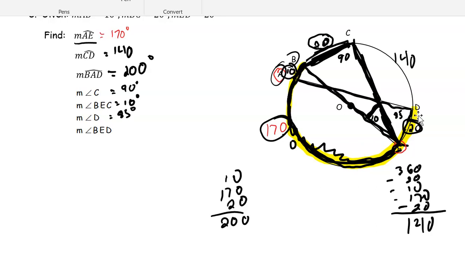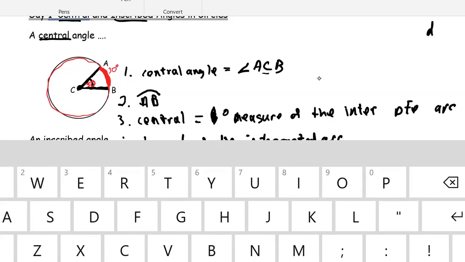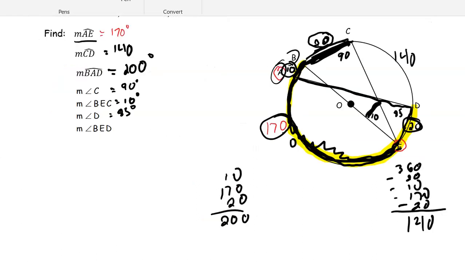And then measure of angle BED. It's getting jumbled here, sorry. BED. Try to erase some of this. Get rid of that. Draw this in red.